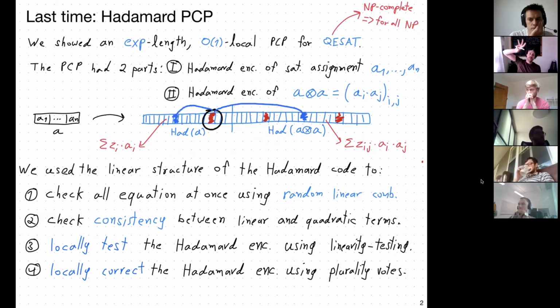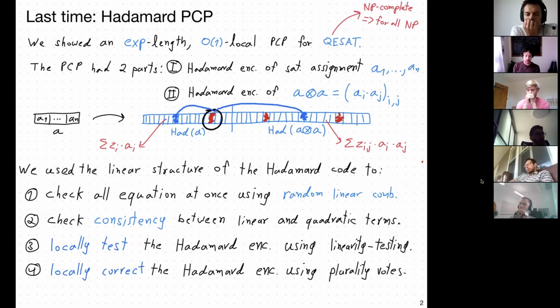So we first tested that we are close to Hadamard, and then after we know that we are in proximity to the Hadamard code word, we can locally correct it, and so we can assume that we actually retrieve the real encoding. So this is what happened in the Hadamard setting.